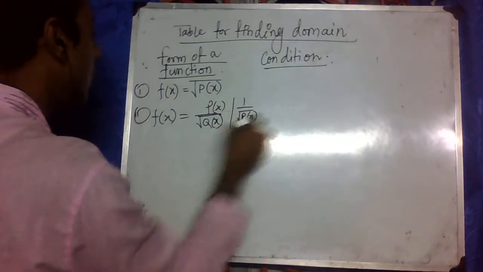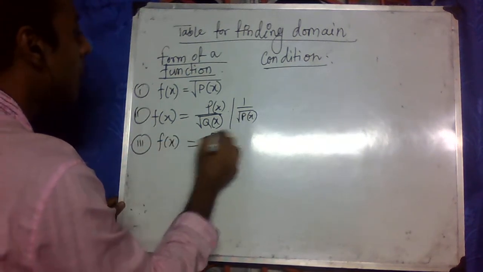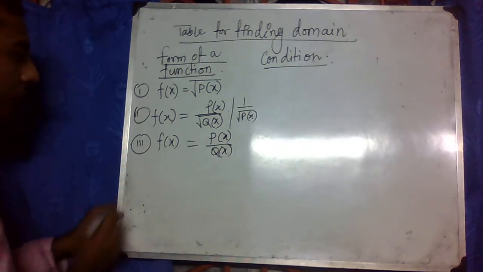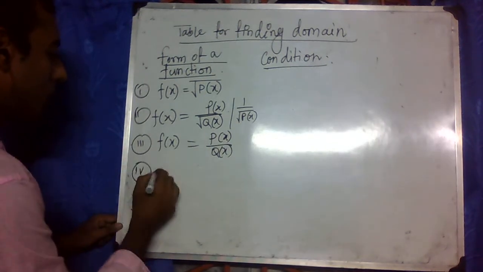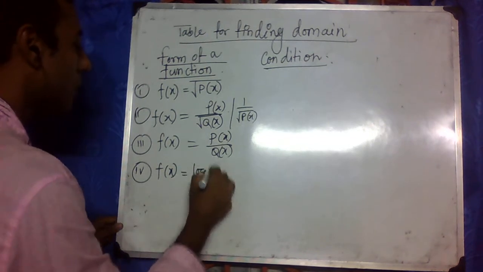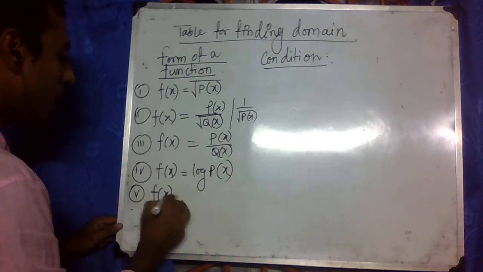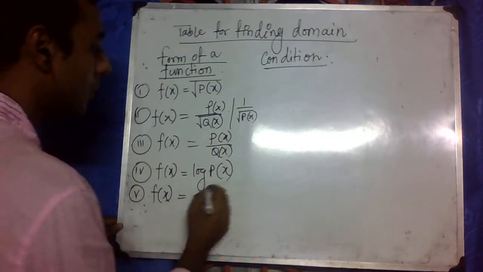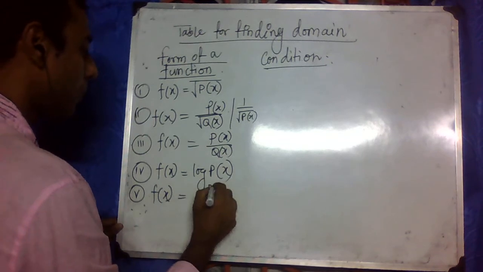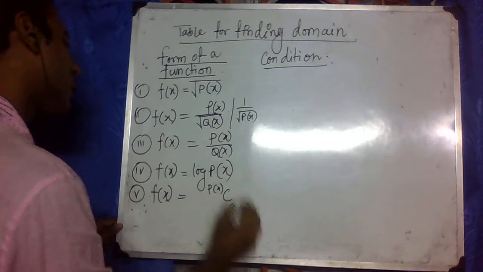Number 3, f(x) is equal to p(x) by q(x). Number 4, f(x) is equal to log of p(x). Number 5, f(x) is equal to p to the power q(x), and so on.